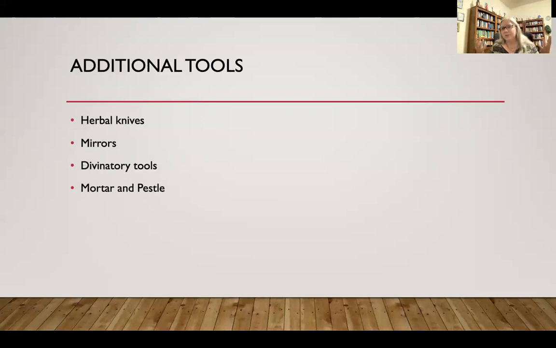There are some additional tools that you may collect. Herbal knives, so knives that you actually use to manipulate herbs, including harvesting. Mirrors, especially black mirrors, as a divinatory tool, but mirrors can be a very powerful magical tool. There are any number of divinatory tools that you may use for your divination: tarot cards, again, scrying mirrors, crystal balls, any number of these things.